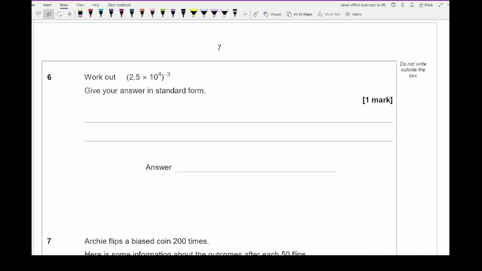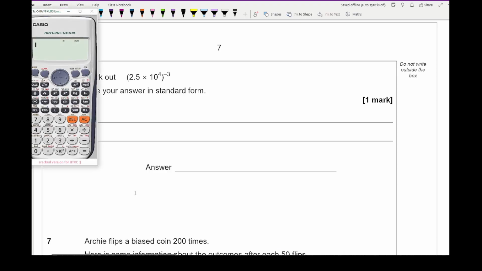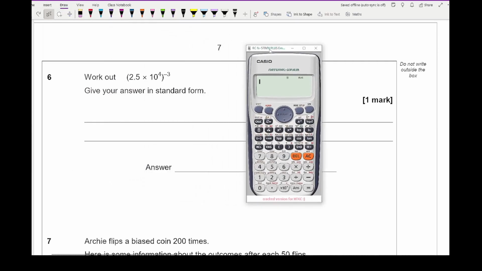Then moving on to question 6, it says work out 2.5 times 10 to the power of 4, all to the power of minus 3. Give your answer in standard form. So for this, all I need to do is simply type this into my calculator, exactly how it's shown. You can either use your standard form button or you can use times 10, whichever you prefer.